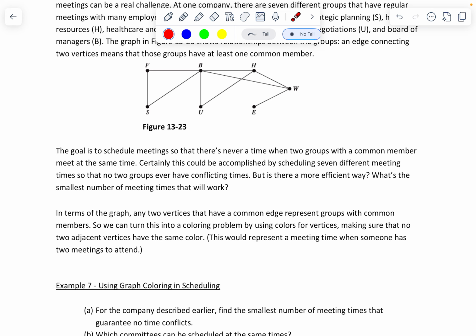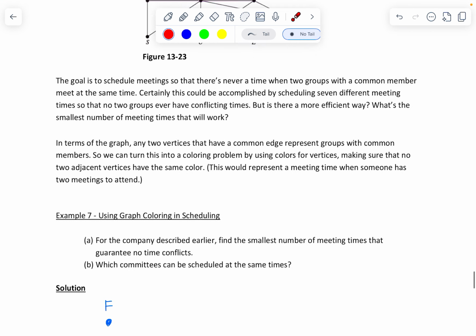So if they're connected, they can't share the same color. And they have to be different from each other, right? Because they're also connected to each other. So let's choose red and green for vertices B and S, okay?